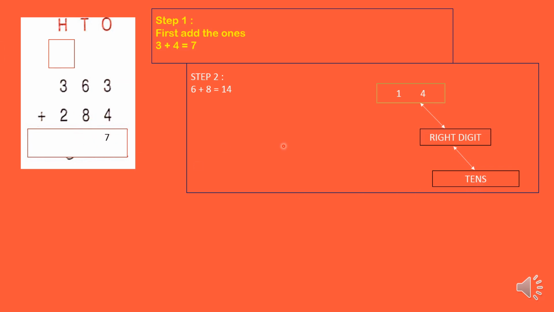That's why we are writing 4 under the tens column. Next, always the left hand side digit will go up for carrying, or we are writing it under the hundreds column. I said na. So in this way you have to write like this.